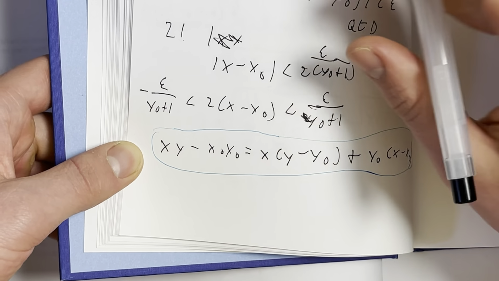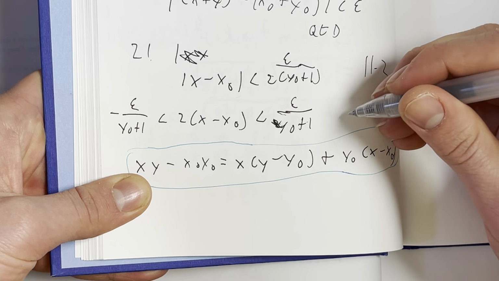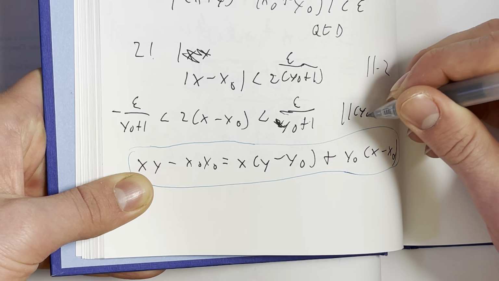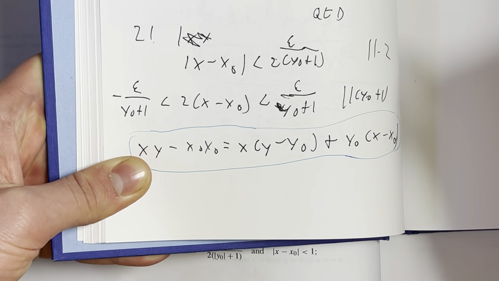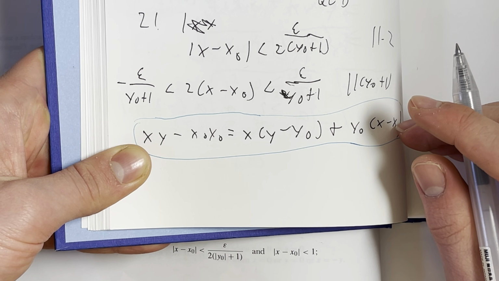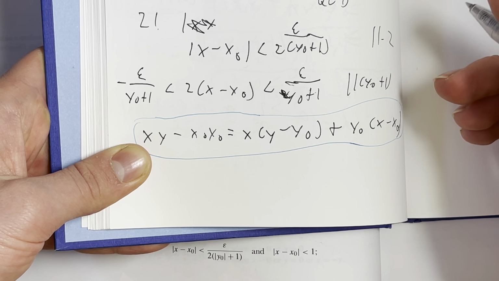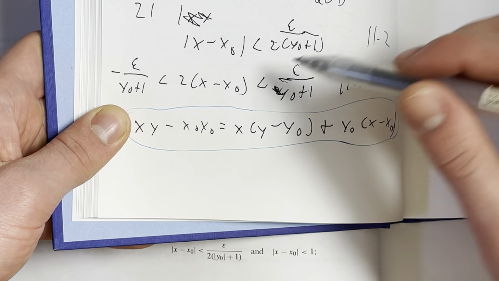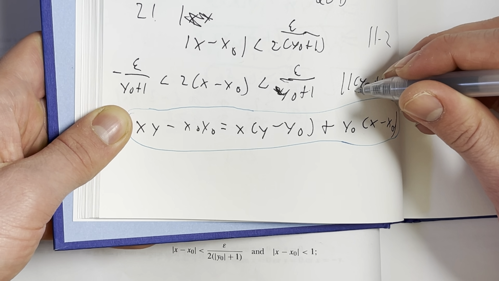And then on this one, let's multiply everything by y0 plus 1. And also divide by 2 again.